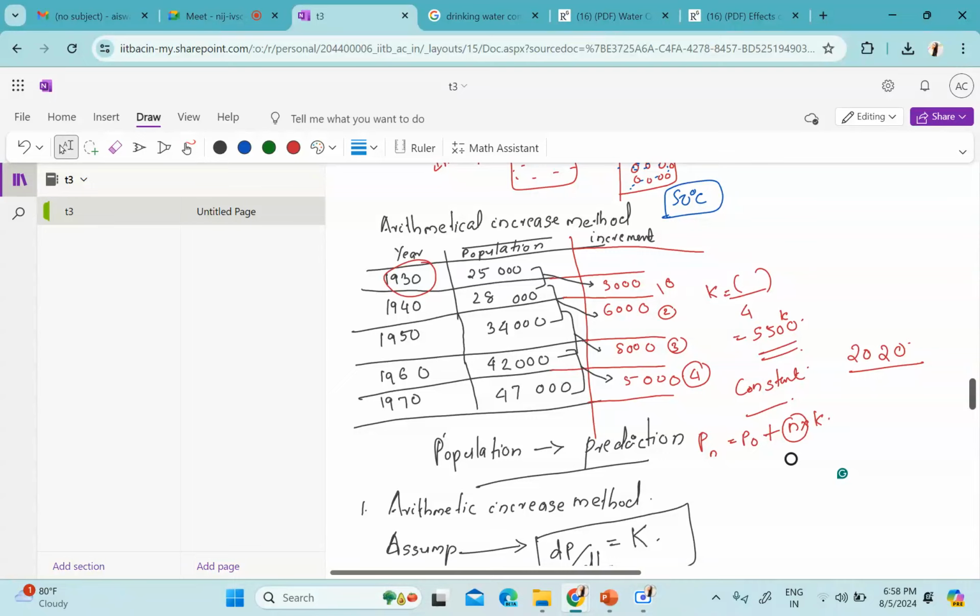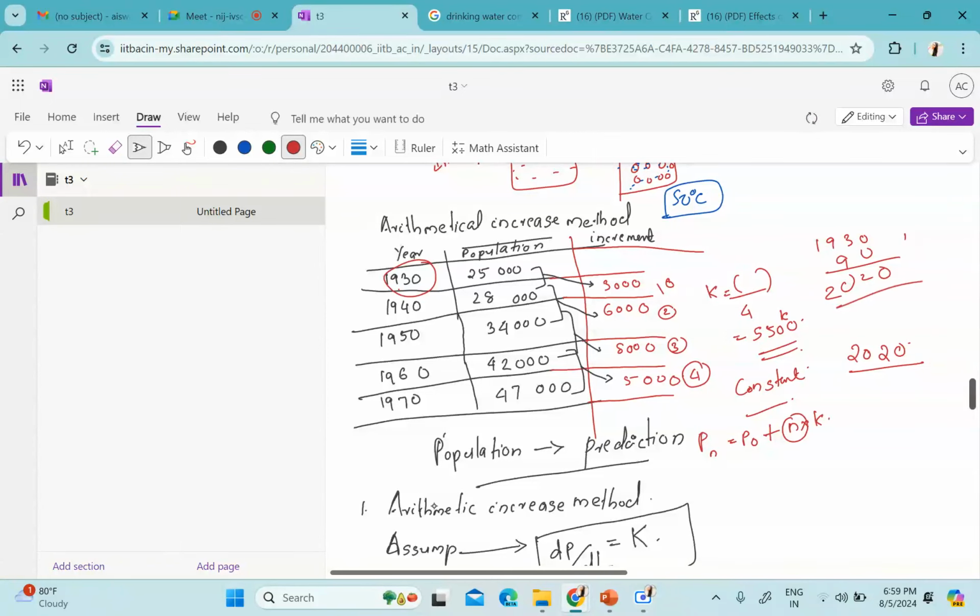How many years do you add to 1930 to get 2020? 90 years.